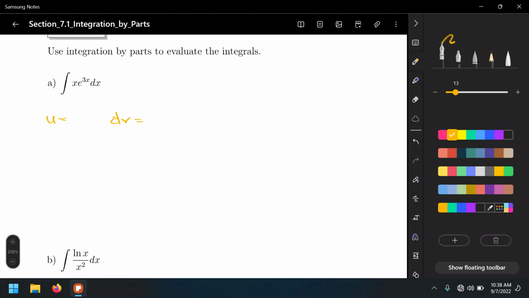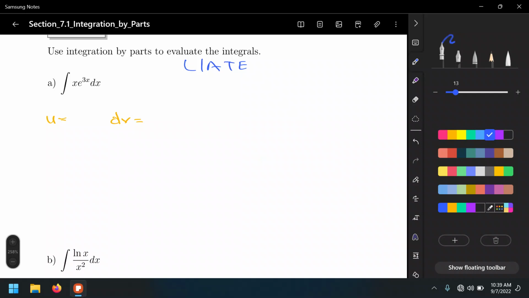So let's use the LIATE acronym to help us get the U first. Okay, so let's write it down. Okay, let's start with the L. L stands for logarithmic function. Do we have any logarithmic functions in our integrand? Yes? No? No.